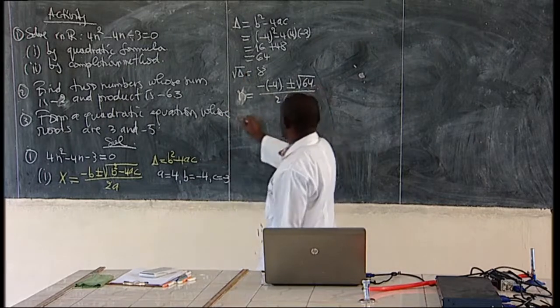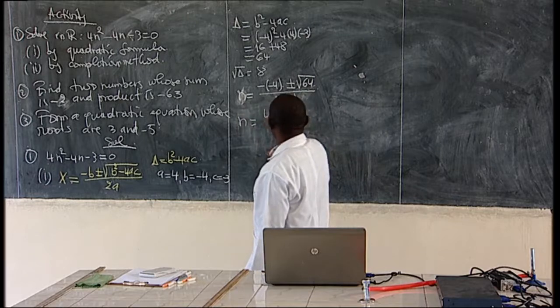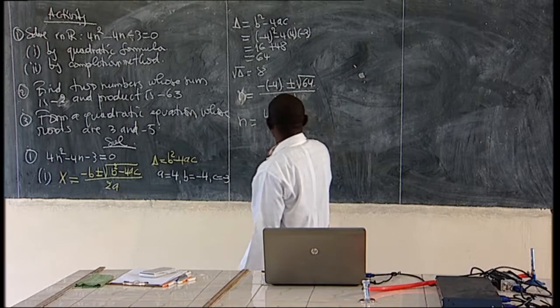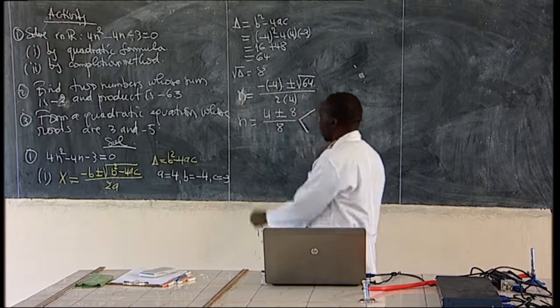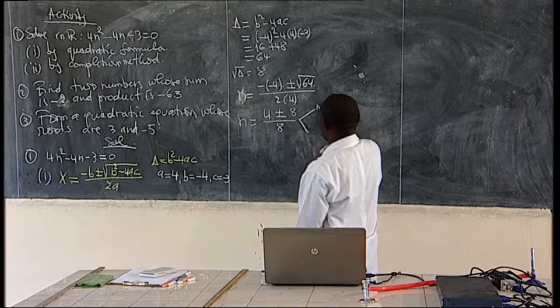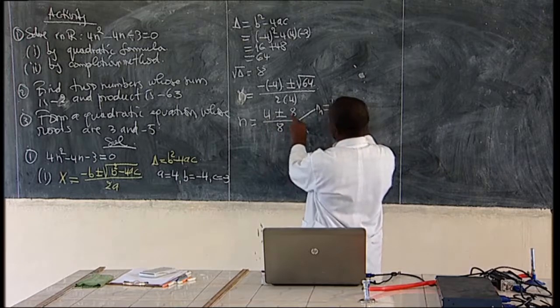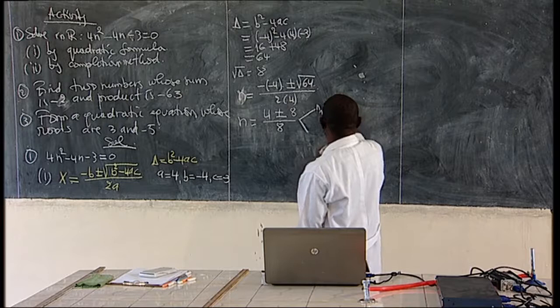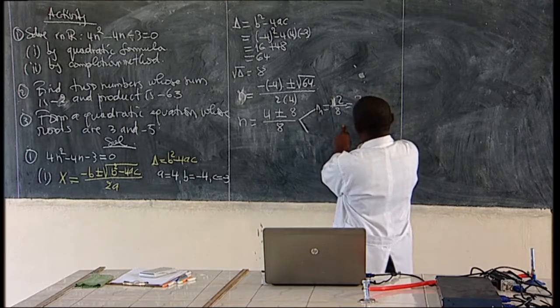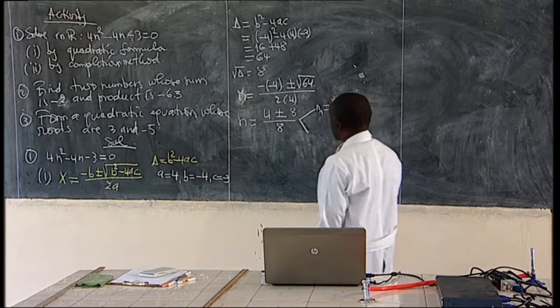So this is 4 plus or minus 8 divided by 8, and you have the two values. n1 is equal to 4 plus 8, that is 12, divided by 8. Simplifying by 4, you get 3 divided by 2.